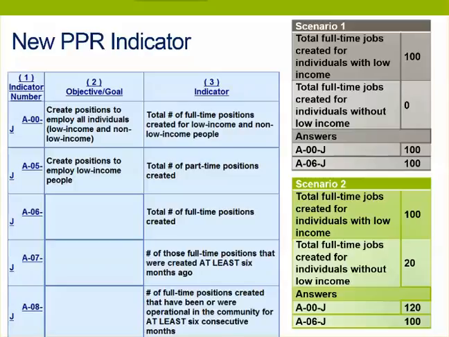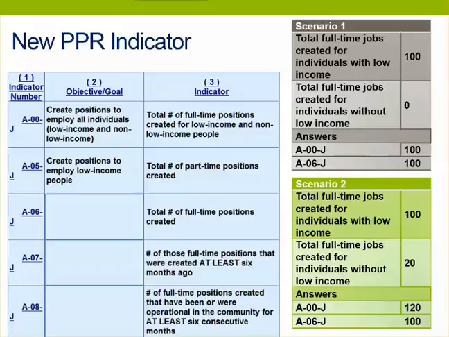However, the difference is the new indicator, A00J, asks for the total number of full-time positions created for individuals with low income and non-low income individuals. A06J is only interested in full-time positions created for individuals with low income.